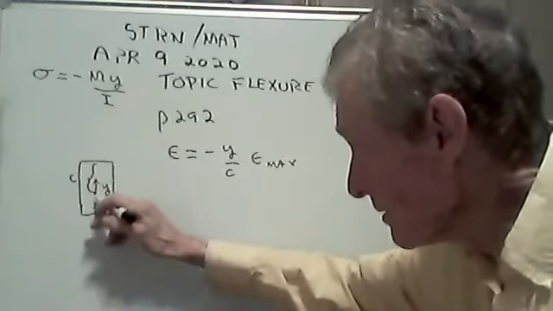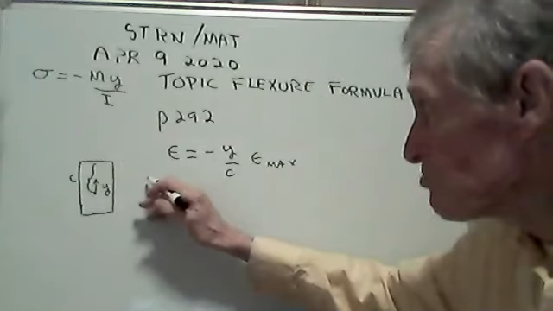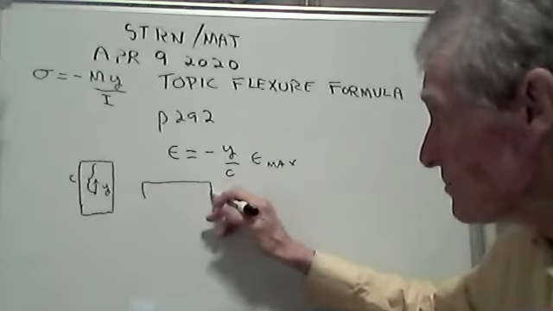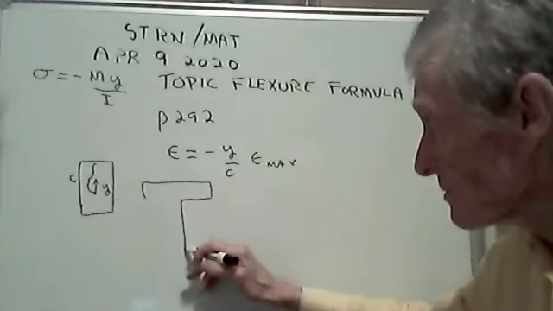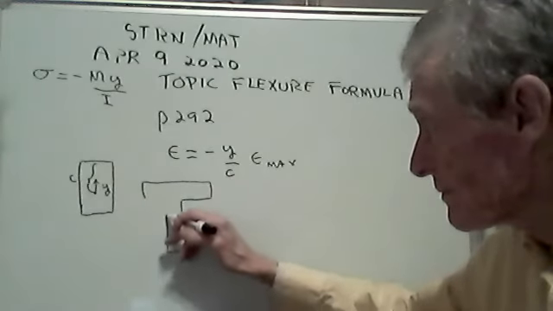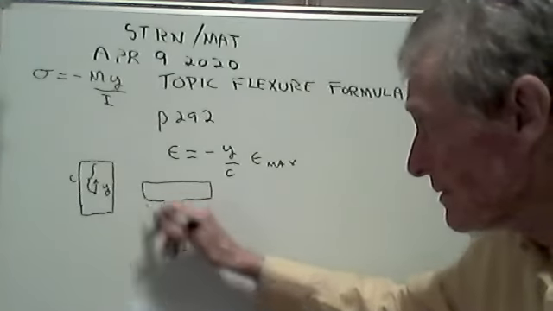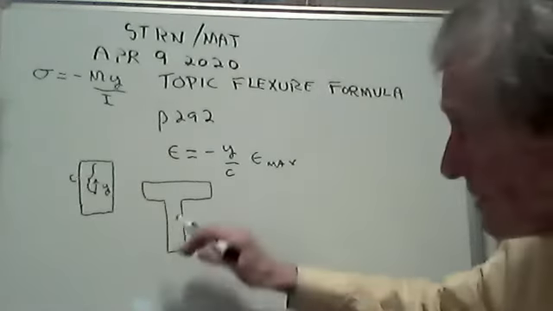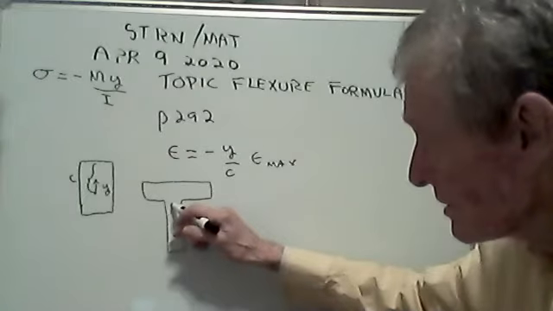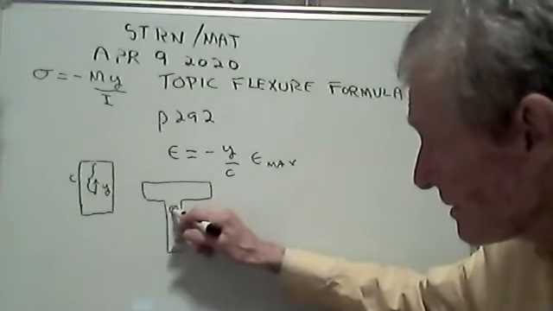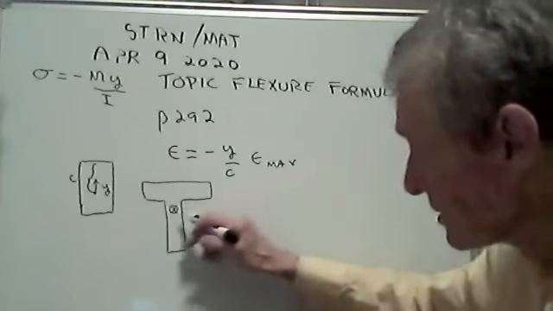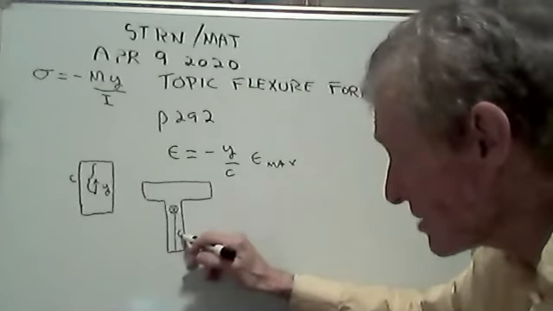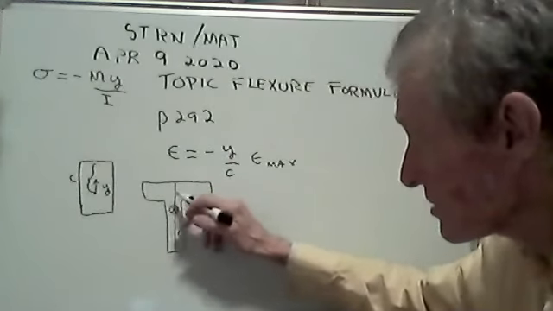It might be down here if you have a non-symmetrical beam like this, for instance. The centroid is kind of in here, and the value of c is the maximum y, and it would be going down this way. That's c. You don't call this one c because it's not as big.